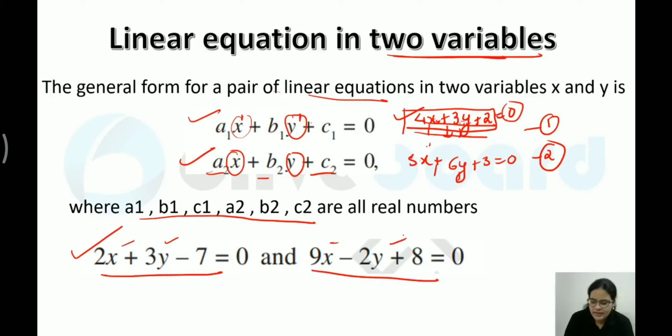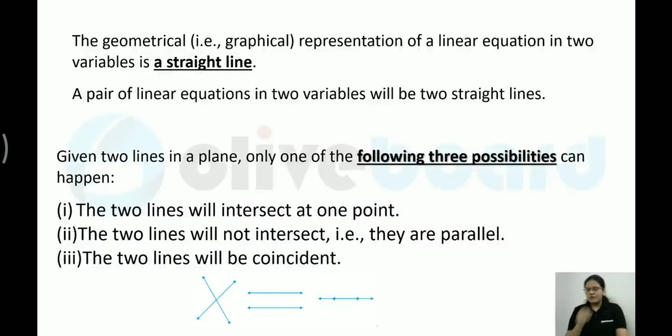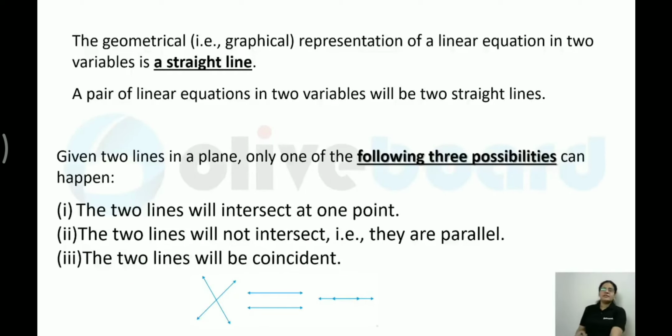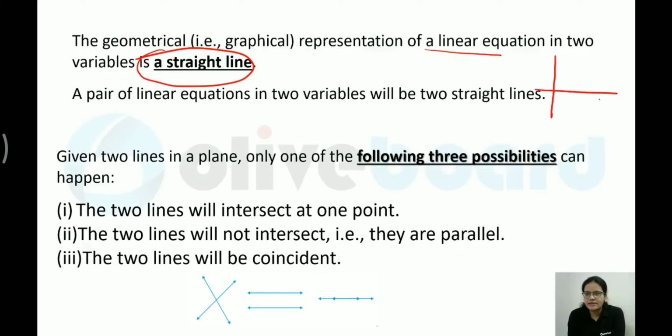Okay, now the next important point is you have to remember the geometrical meaning of these linear equations. Many of you might be aware already, these linear equations are nothing but a straight line in 2 dimensions. When I am saying x and y, this is my x-axis, this is my y-axis, and for whatever equation, there would be one line corresponding to it.